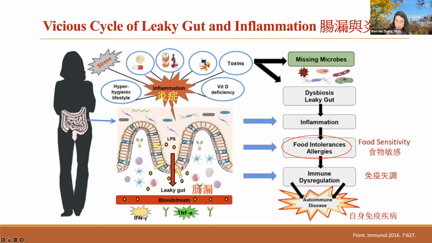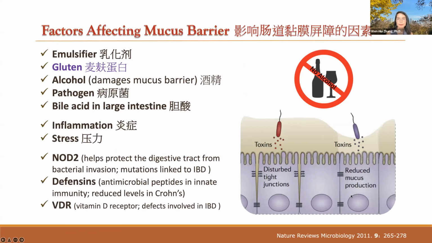Yeah, when we have the damaged tight junction, sometimes we call it leaky gut. It just means the pathogens can leak into the bloodstream. So then it would cause inflammation. So it's a vicious cycle. And food intolerance and allergies. And over time could cause immune dysregulation like autoimmune diseases.